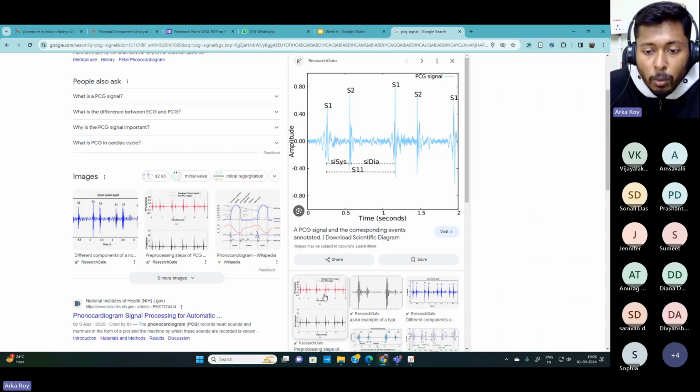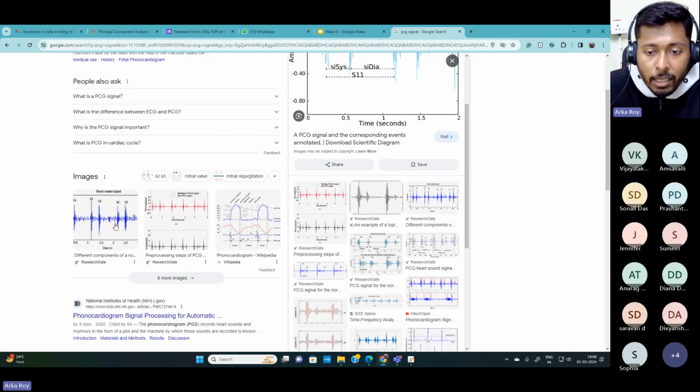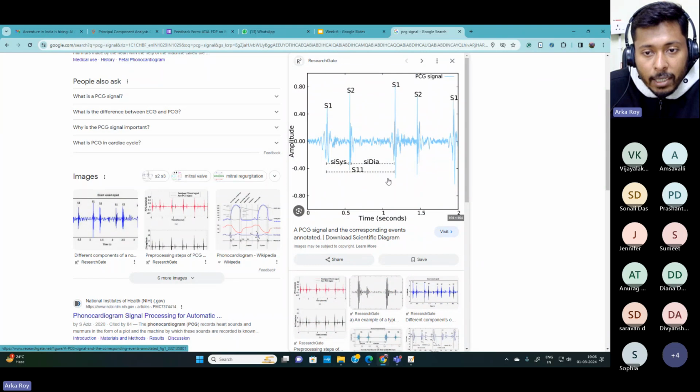However, you have trained your model with a very clean PCG signal. So in that particular case, your model will fail to classify the signal, and hence you can see that a severe misalarming condition can be created.